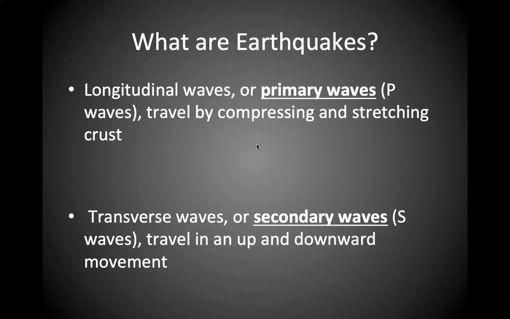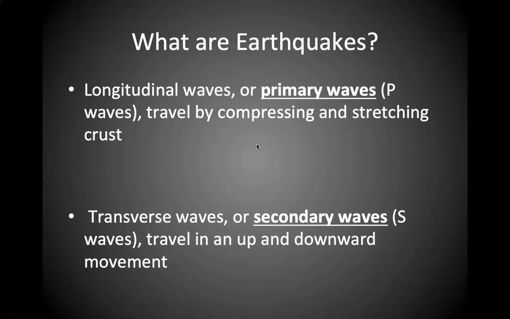So longitudinal waves, also known as primary waves or P waves, will actually travel by compressing and stretching the Earth's crust. And so what happens is it will move more, I guess it would be on the x-axis than anything else. We'll show that on the next slide. Transverse waves are going to be secondary waves, and we feel those second in comparison to the primary waves.